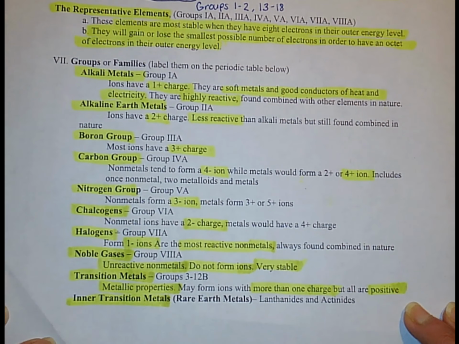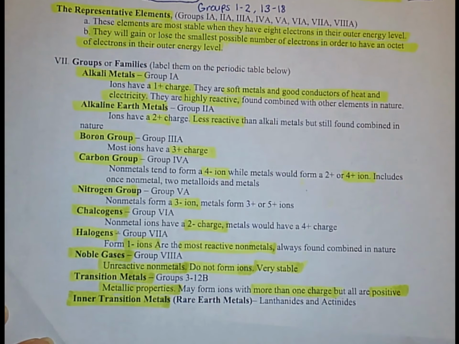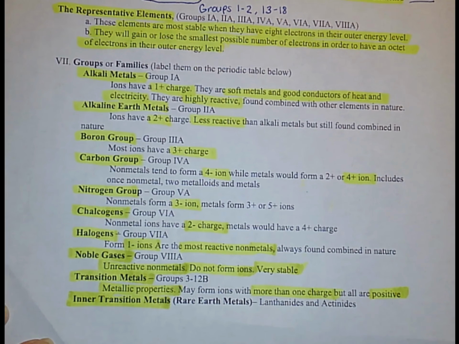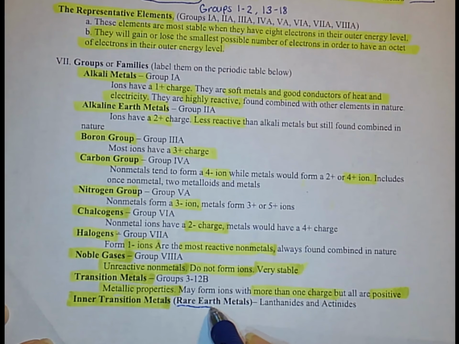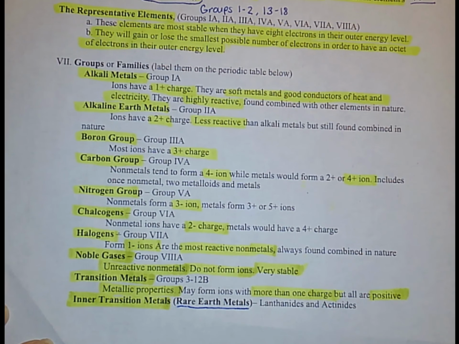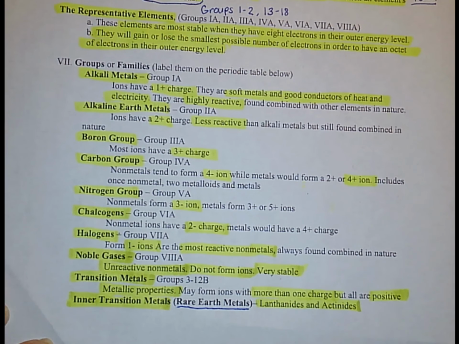Your intertransition metals, which are also called the rare earth metals, are your lanthanides and your actinide elements.